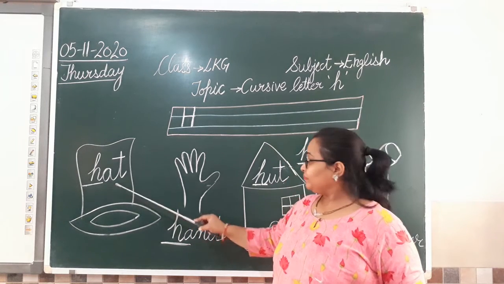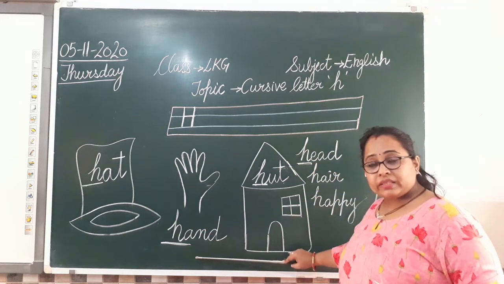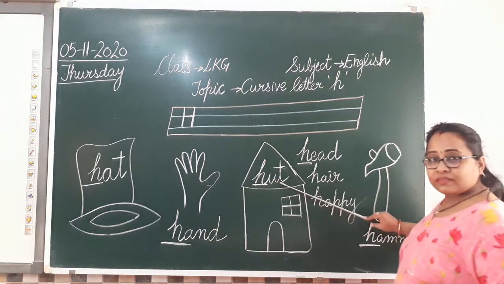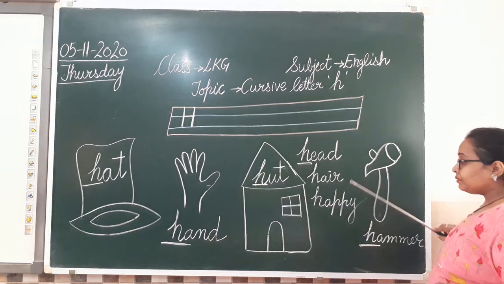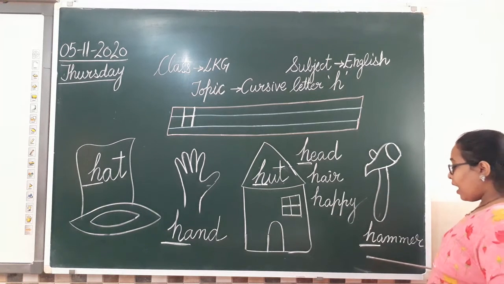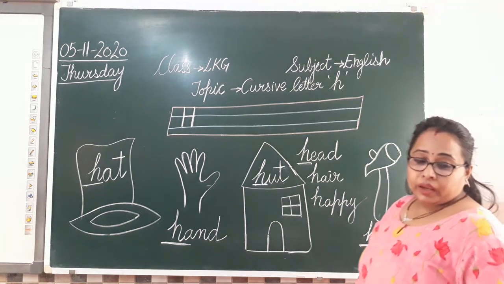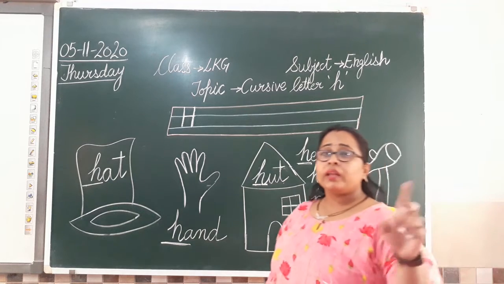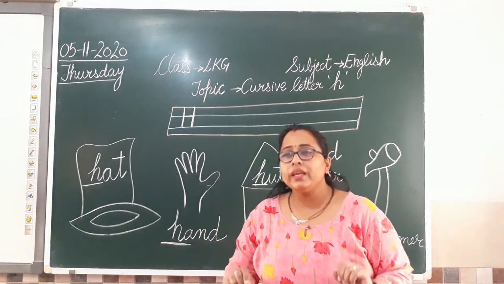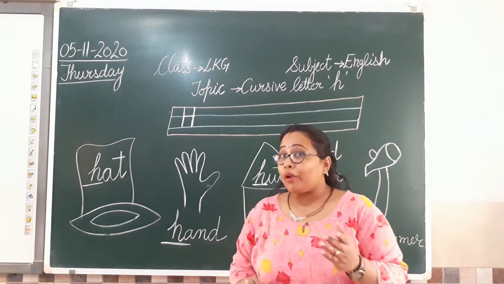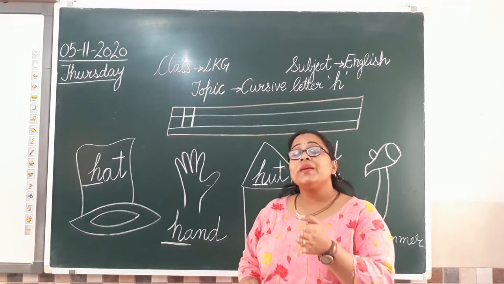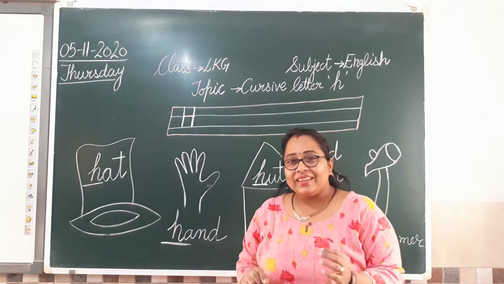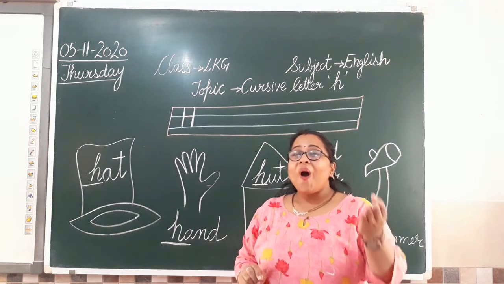Hat, hand, hut, head, hair, happy, hammer. Okay, can anyone tell me the name of the animal who makes a sound? Nee, nee. You all are doing animals these days in EVS. So who's the animal makes the sound? Nee, nee. It's a horse.